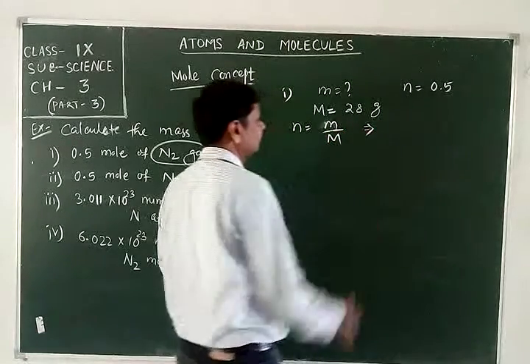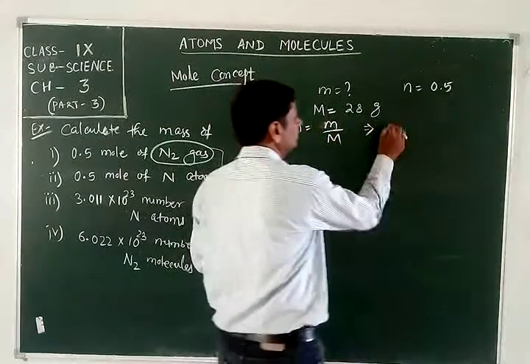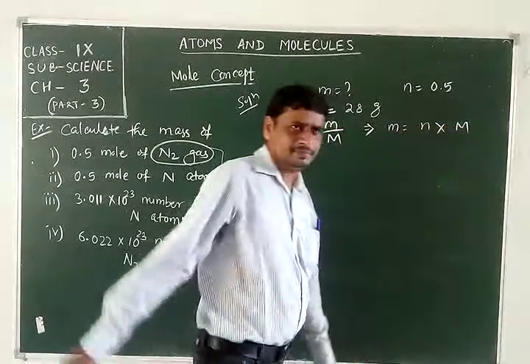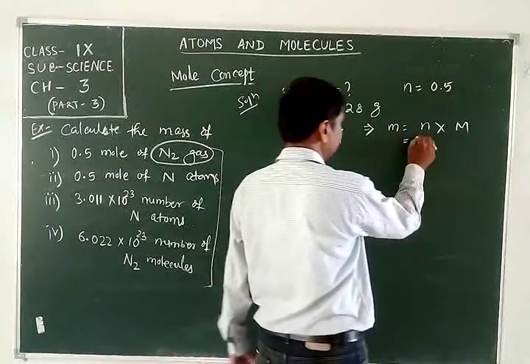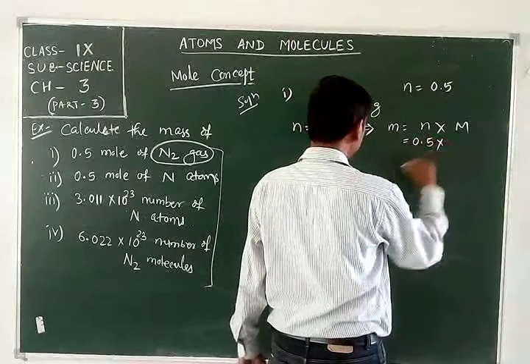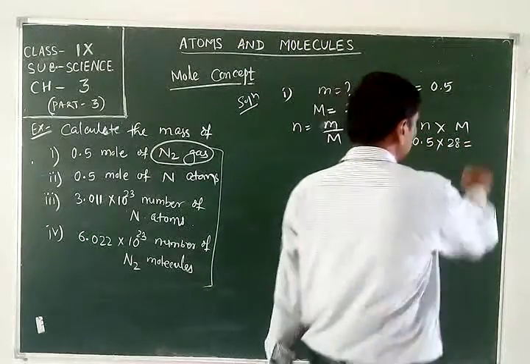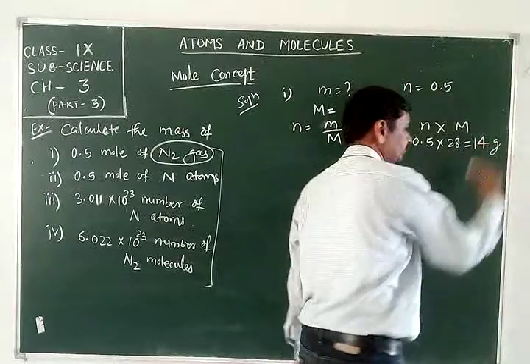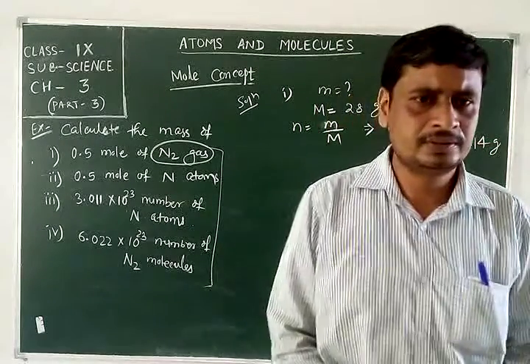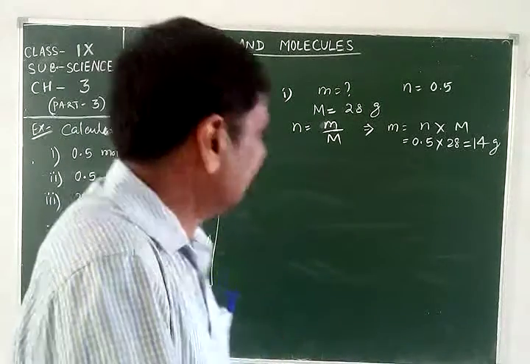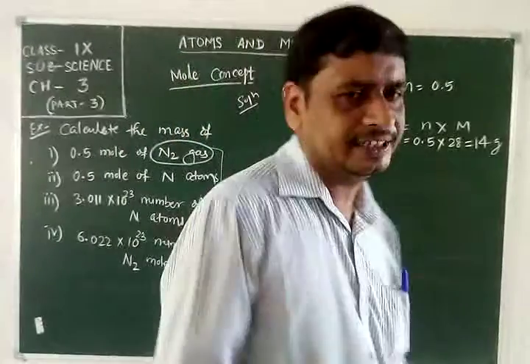This implies mass becomes equal to n into M. That is 0.5 into 28 gives 14 gram. Here, mass of 0.5 moles of nitrogen gas is equal to 14 gram.